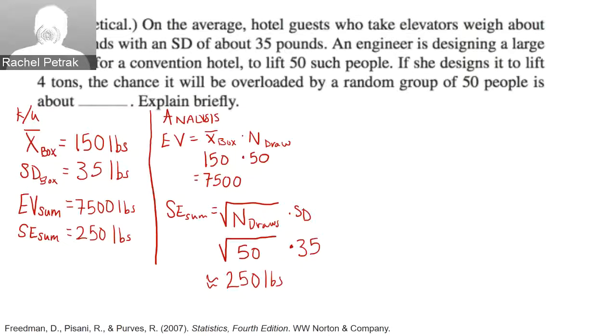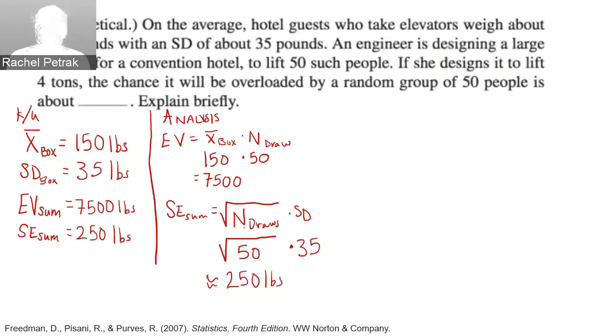So we're almost there to our answer. We need now to know the chance it will be overloaded by a random group of 50 people. Well, we already have the values for our group of 50 people, and to get this probability, we can use the normal curve to get the probability of any particular score.